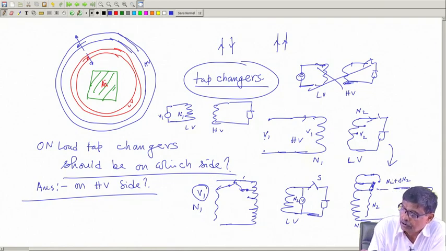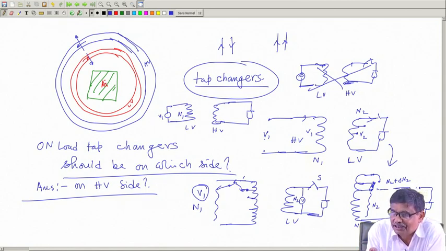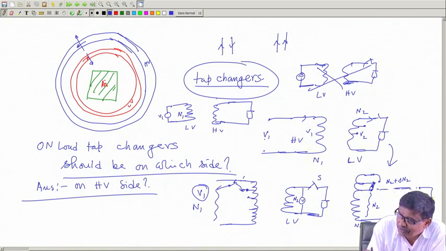I have connected load and find that the voltage has fallen compared to the open circuit case. Then I want to increase the voltage, and I am certain I have to connect the tap changer on the HV side. In that case, what should I do with N2? I must increase it, is it not? So, tapping will be this way.